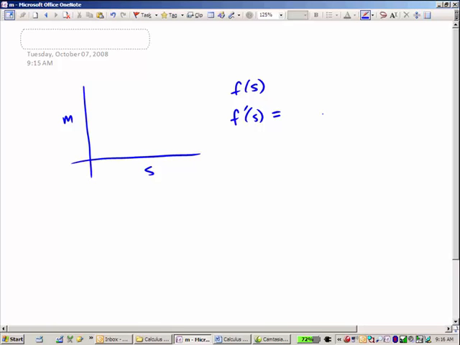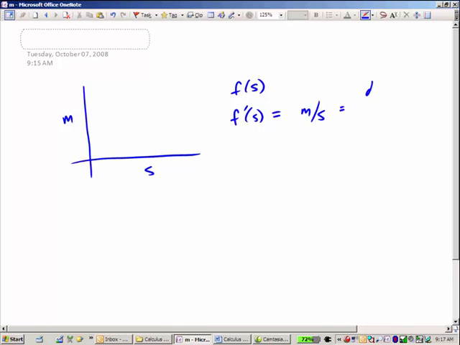Meters per second? Yeah, good. It would be meters per second. The derivative is the rate of change. If we're talking about y values in meters and x values in seconds, the derivative is meters per second.